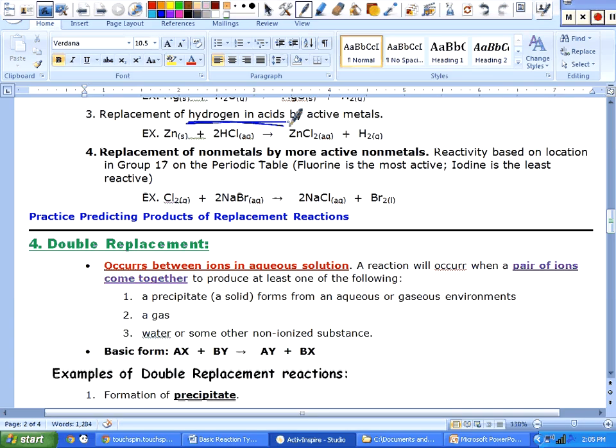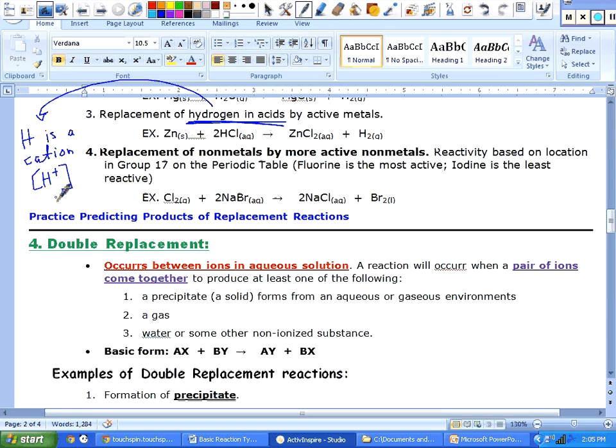The hydrogen in an acid, H, is a cation. So, since H is acting like a cation, is that a metal or a nonmetal? That's a metal.